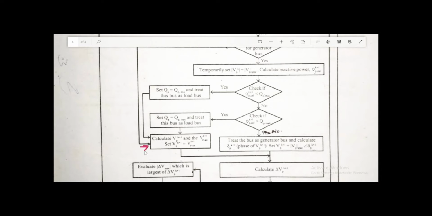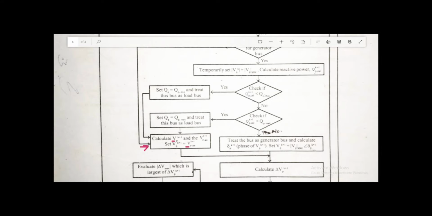Once you get a PQ bus, you'll be calculating the voltage, that is V_p raised to k plus 1, and you will be calculating the accelerated value also when the alpha is given. Then you will move to the next step, where you will be calculating delta V_p. Delta V_p simply means the difference in the voltage of the present iteration and the previous iteration.